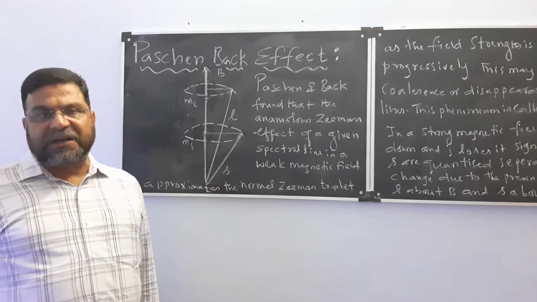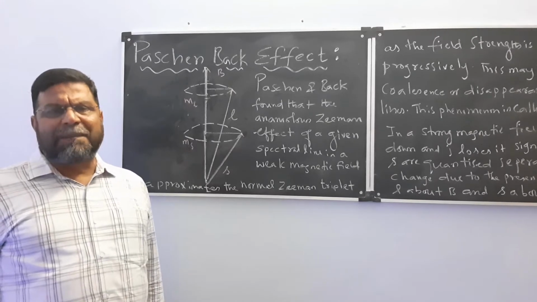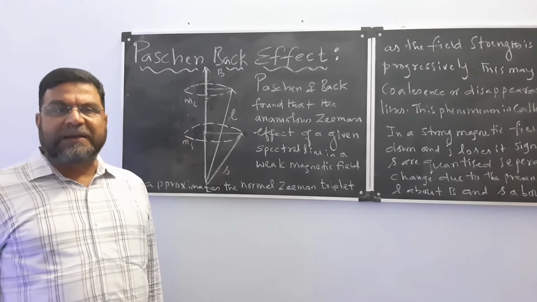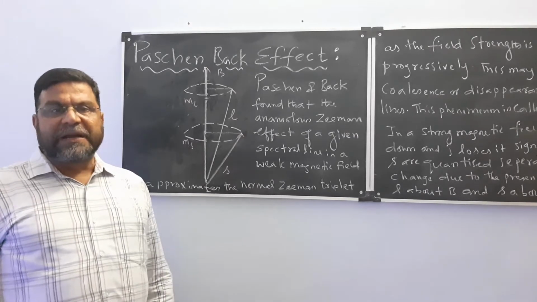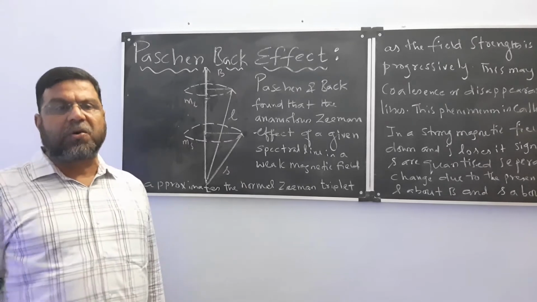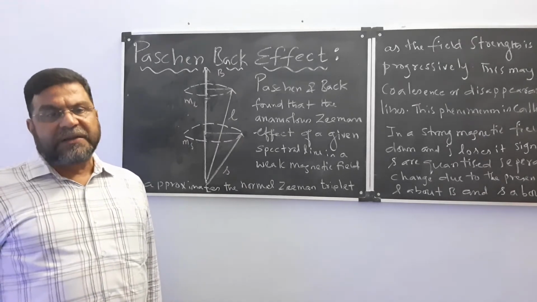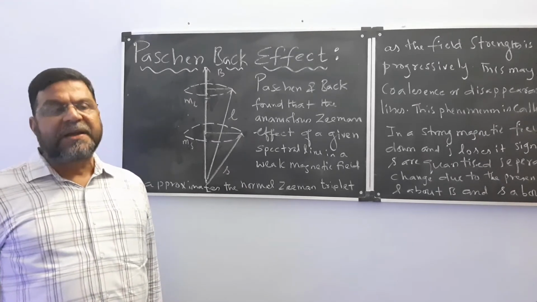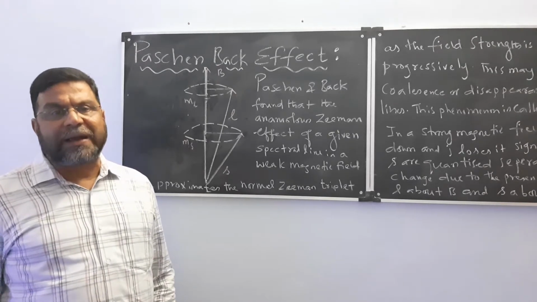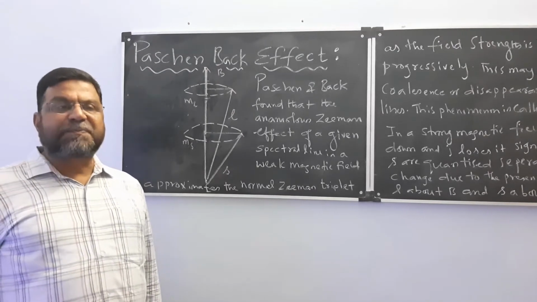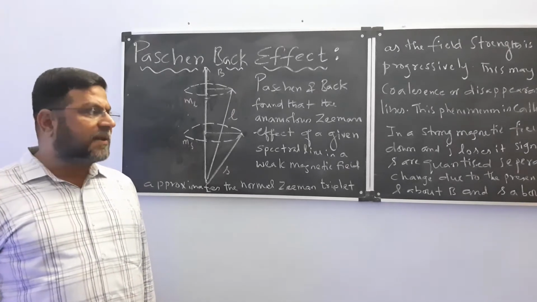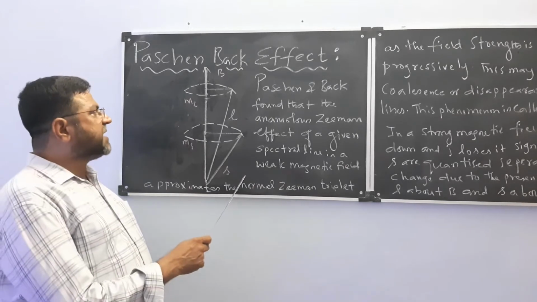When they applied a magnetic field on a spectral line, they found that the effect was nearly equal, that means approximately equal, to the anomalous Zeeman effect. That means, if a weak magnetic field is applied on a spectral line, it splits into more than three lines. That is known as the anomalous Zeeman effect. So the same effect has taken place here.